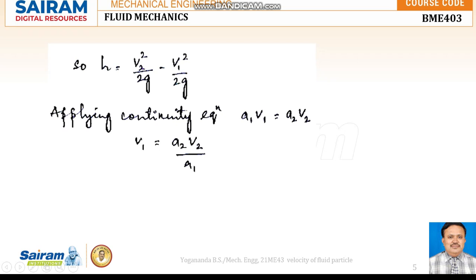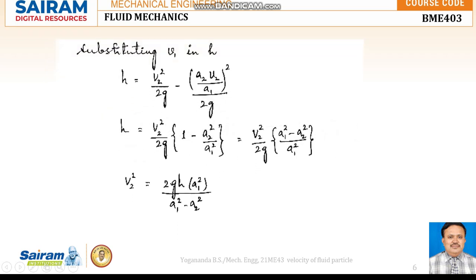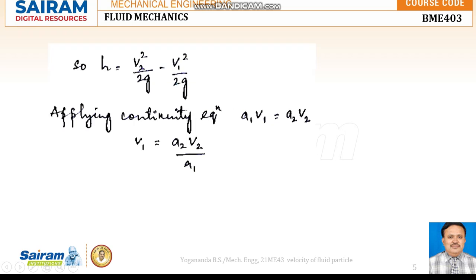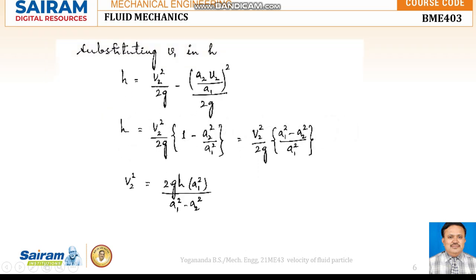So we have V2 square by 2g in place of V1 square. In the numerator, we have A2 V2 divided by A1, and that whole square divided by 2g.